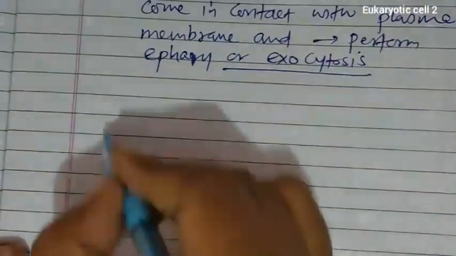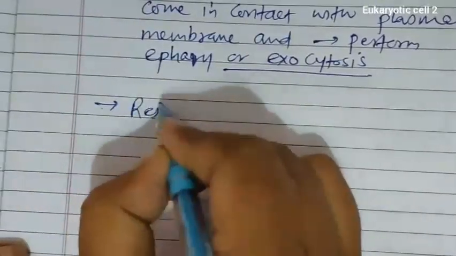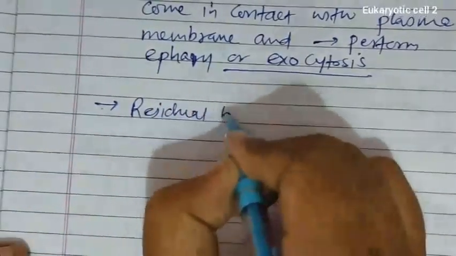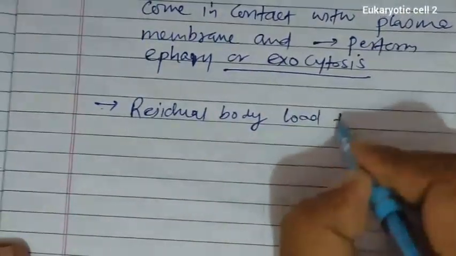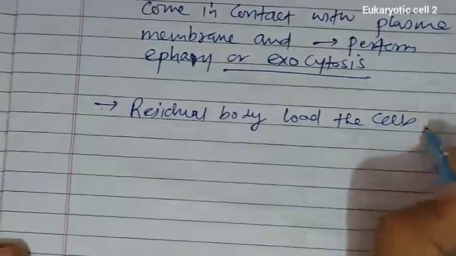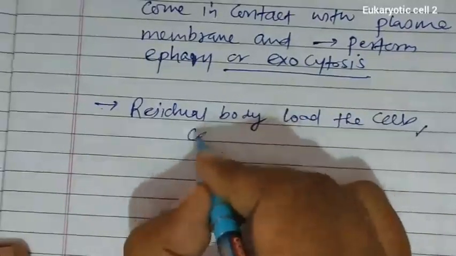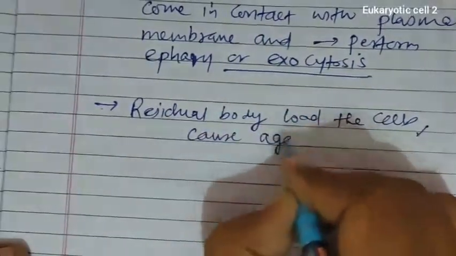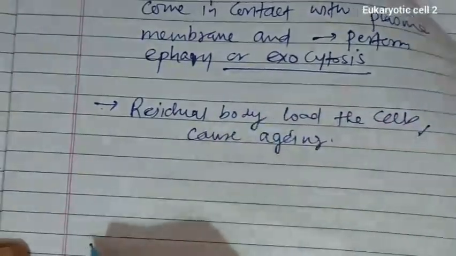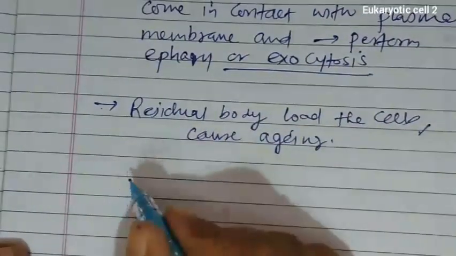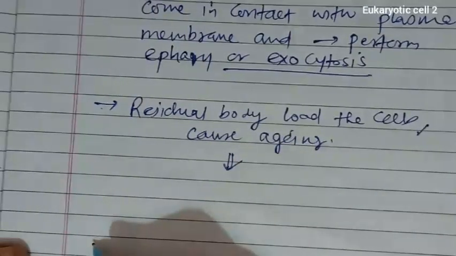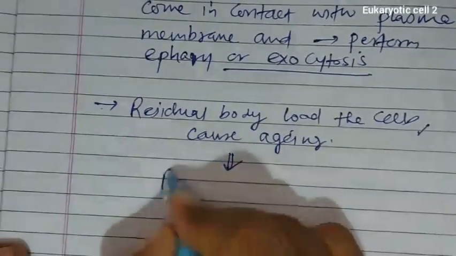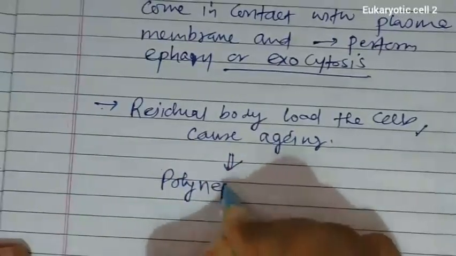But sometimes this type of discharge does not occur, and residual bodies load the cells, means they accumulate in the cells and cause aging. Okay, and due to absence of ephagy and loading of the cell, it causes some disorders like polynephritis.